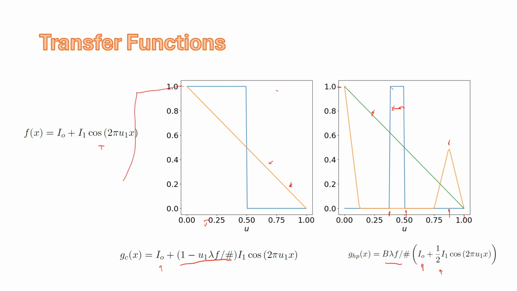So obviously, if this factor that we got from the incoherent system is greater than 1/2, then the high pass signal is worse than the conventional clear aperture signal. But if we're out here where U is more than 0.75, it turns out that we can get a stronger signal than we would get with the clear aperture.